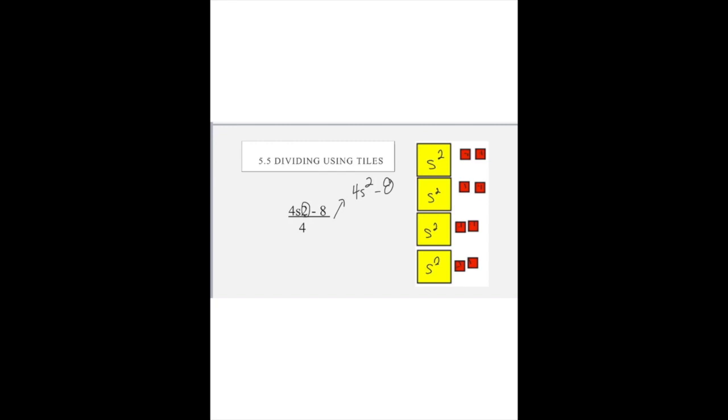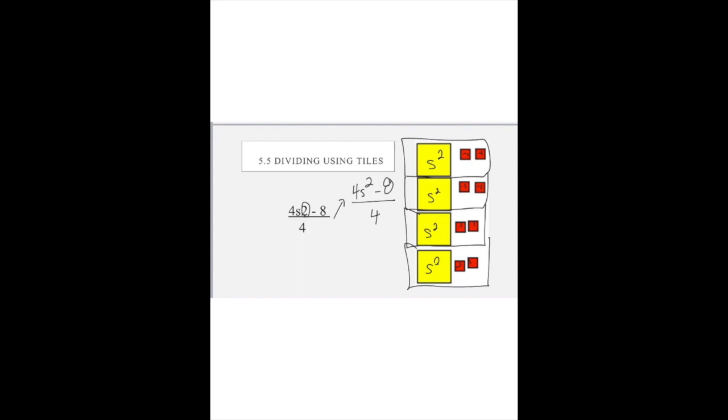Hopefully it does. So 4s squared minus 8, and if we want to break it up into equivalent sets, we end up having 4 equivalent sets. So we can divide that whole total into 4 sections. If we do so, we can then break it down.